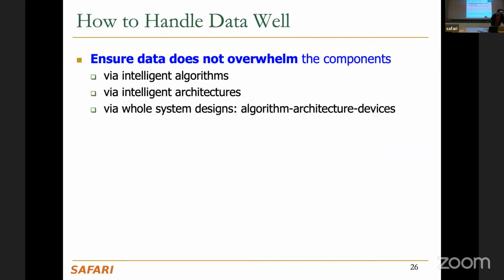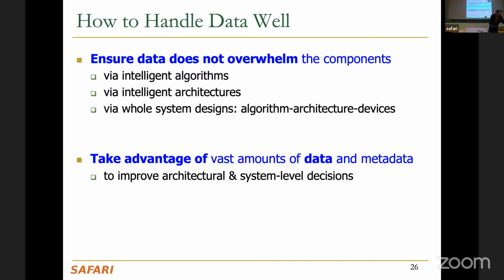And what does it mean, handling data well? First of all, ensure that data doesn't overwhelm the components via intelligent algorithms, intelligent architectures, or via the whole system, with algorithm, architecture, device co-design.